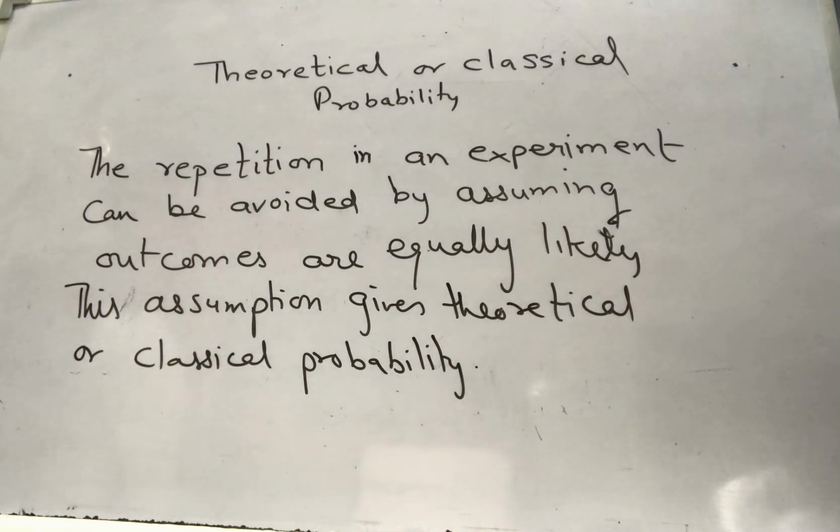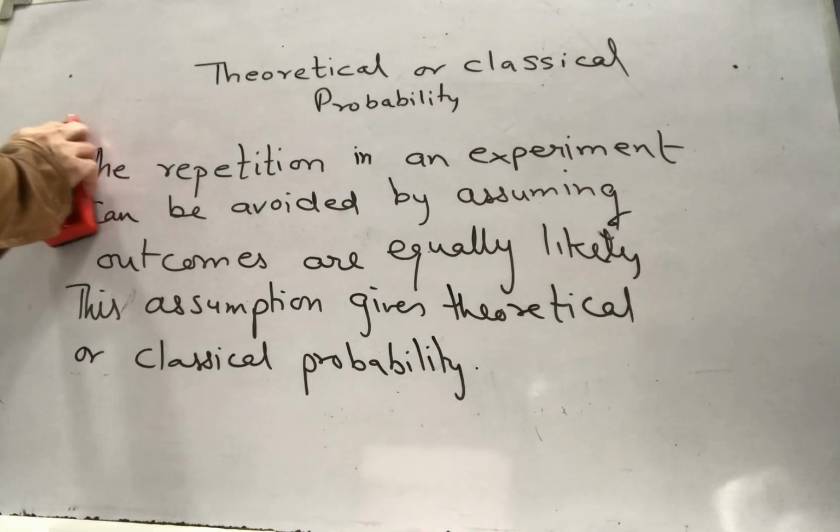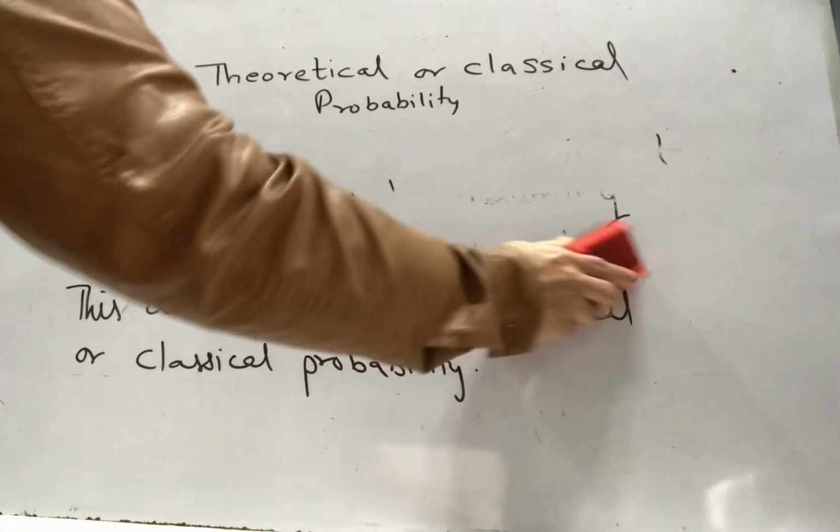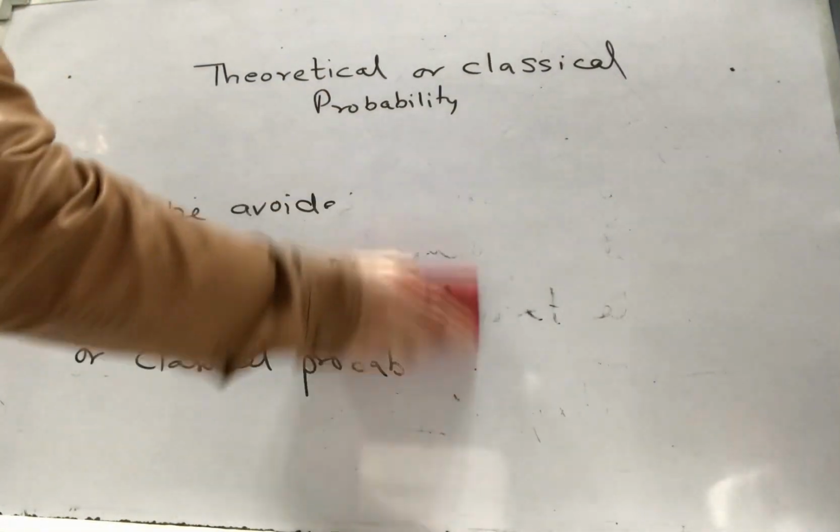Now let's write the formula again for the probability of an uncertain event.